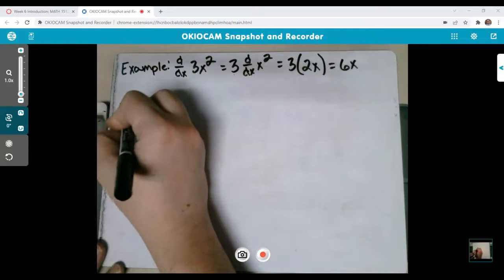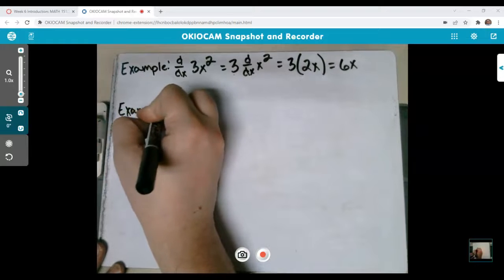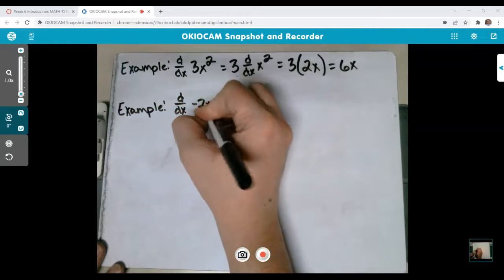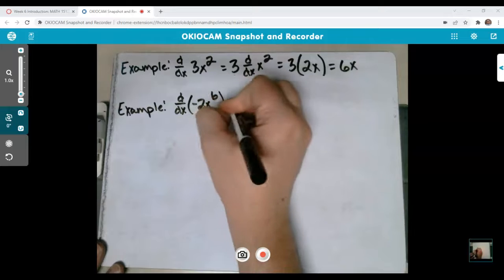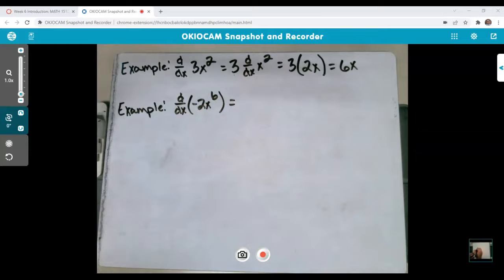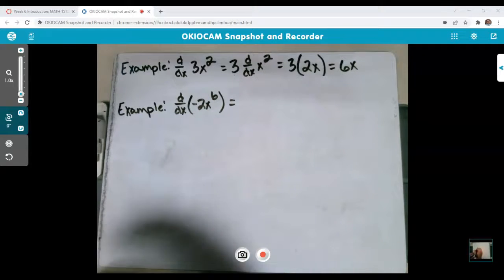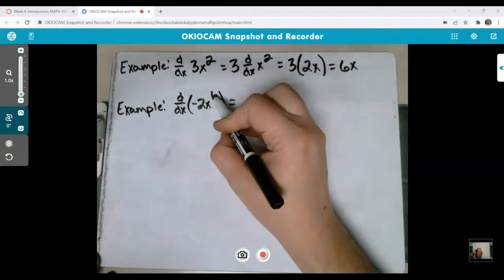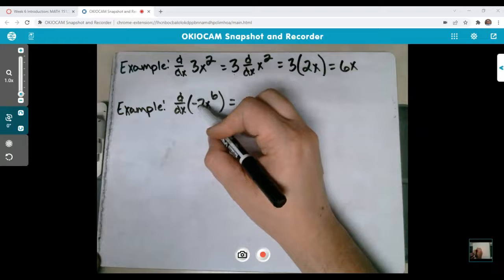Using that same thought process, let's find the derivative of negative 2x to the 6th. Since this is x to a power, I can do the power rule. So I can bring my power down, which would make it 6 times negative 2.